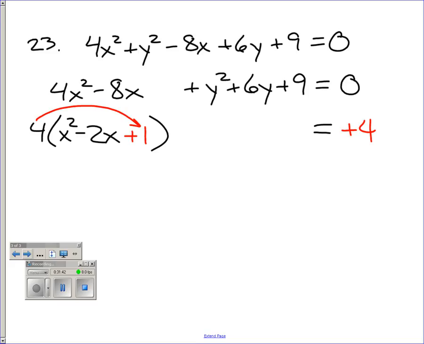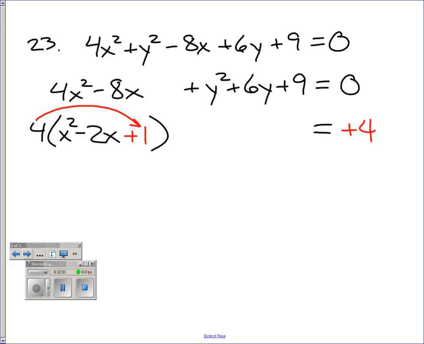The 1 that we have here inside on the left is actually being multiplied by this 4 that's on the outside. So what we added to the left-hand side was 4.